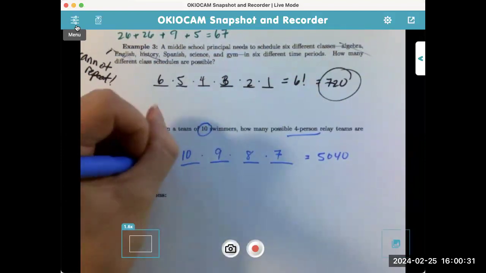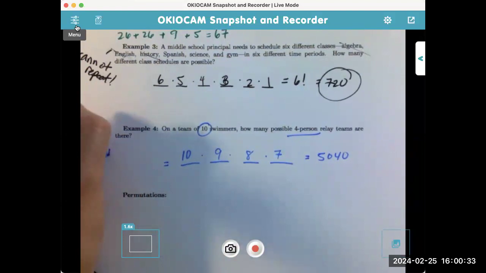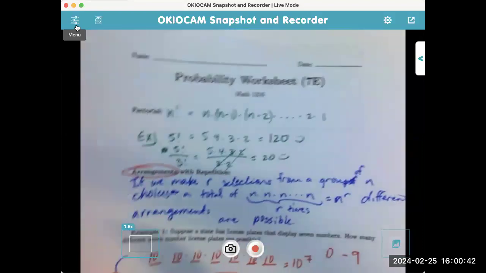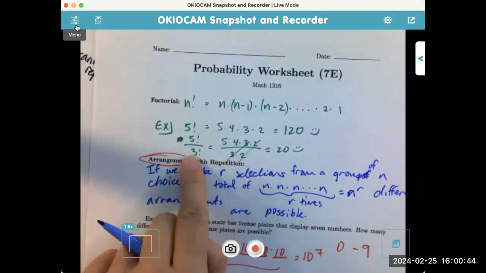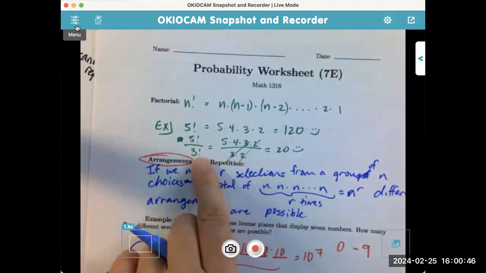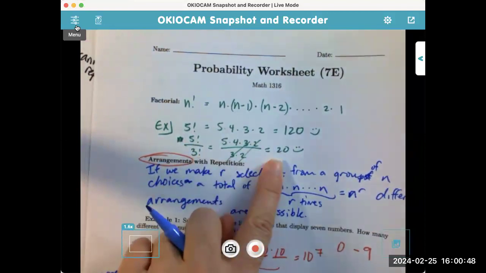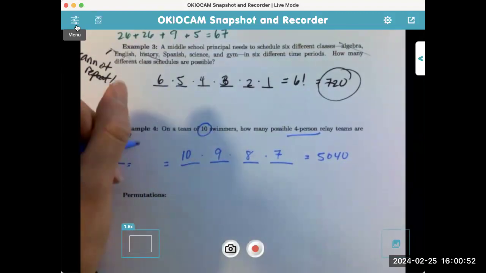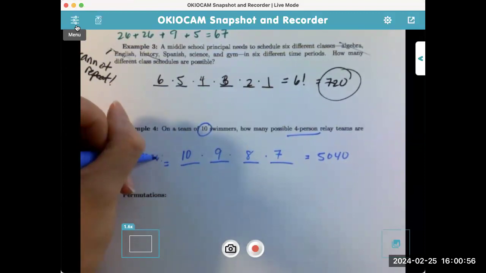But mathematically, if we're using the factorial, we can think of this as 10 factorial divided by 6 factorial. Right? Because back from here, if we expanded it out, see how the 3 factorial got rid of everything 3 and less? Here, this gets rid of everything of 6 and less. So you have 10, 9, 8, 7, 6 times 6 factorial.